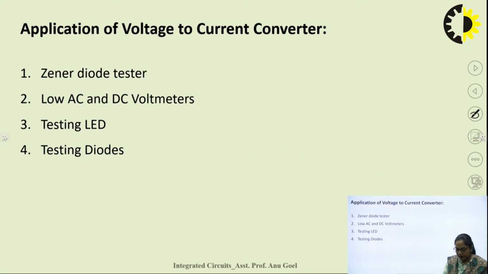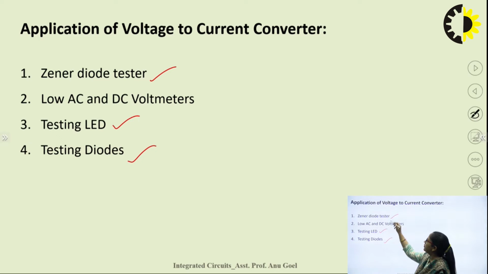Next, where can we use this application of the V2I converter that we have realized with the help of op-amp? We can use it for testing diodes, LEDs, Zener diodes, normal P-N junction diodes, and in low voltage AC and DC voltmeters. How can we use this particular V2I converter to test diodes or LEDs?